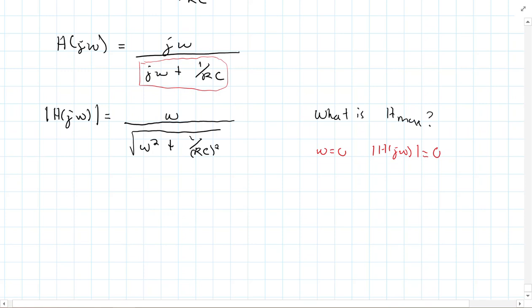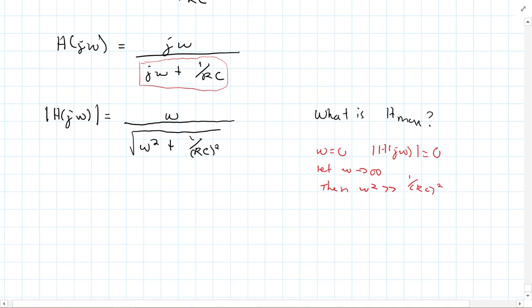All right, but then if we let omega go to infinity, well, then omega squared is going to be much bigger than 1 over RC squared.